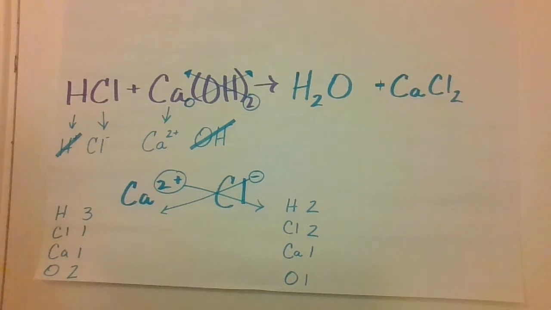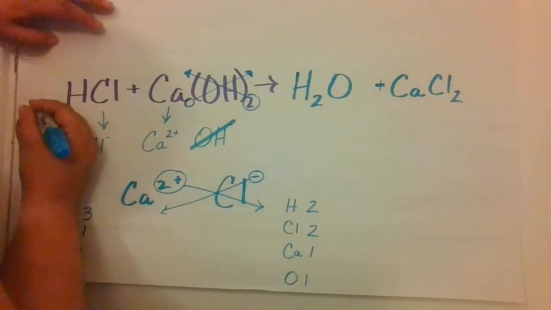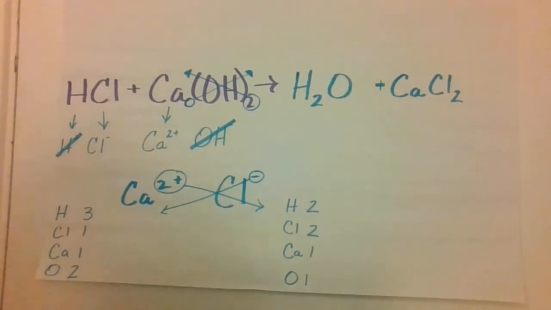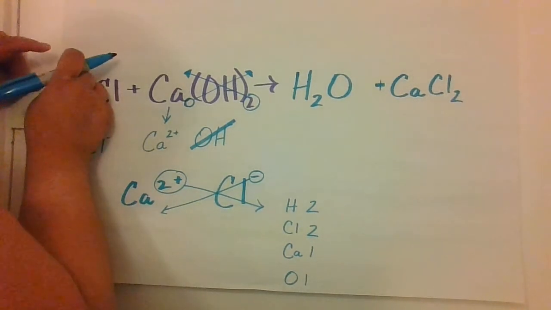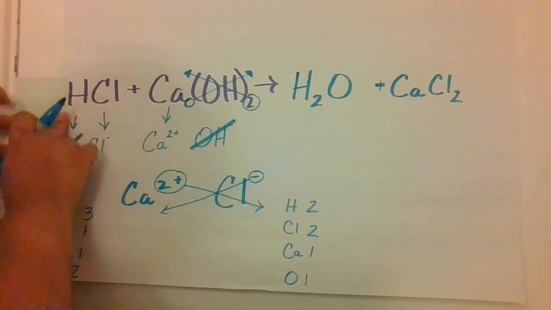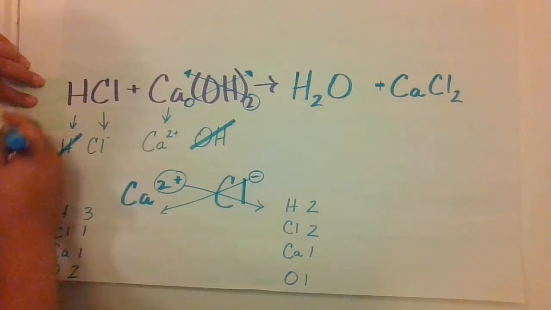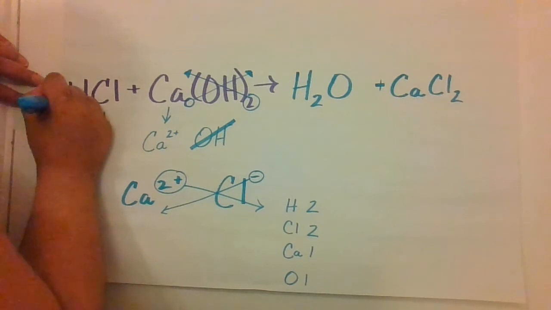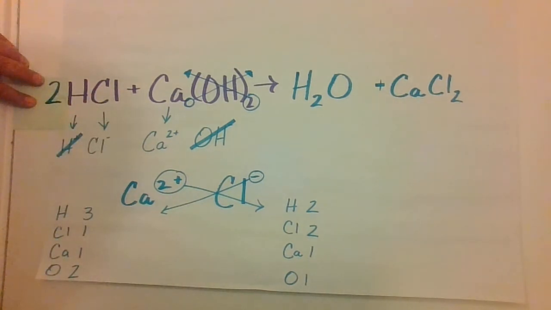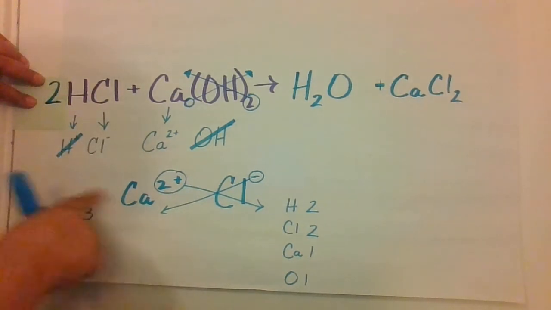I would use my least common multiple. And please remember that once you place a number in the mole position, you can change that. The only thing we cannot change are subscripts. Those cannot be changed. So we're going to place a 2 in front of this first compound. And remember to update our shopping list.